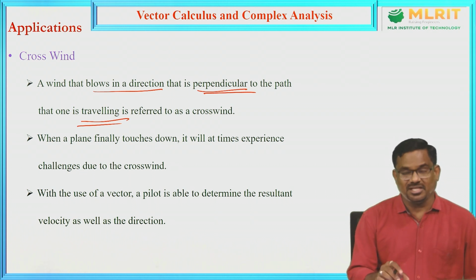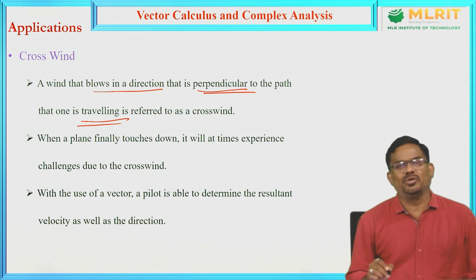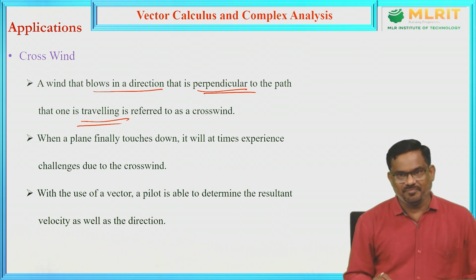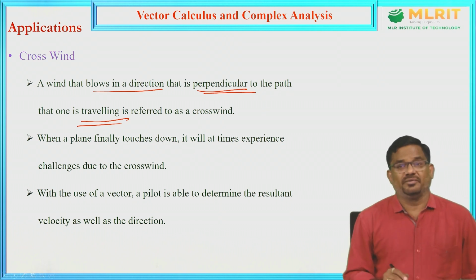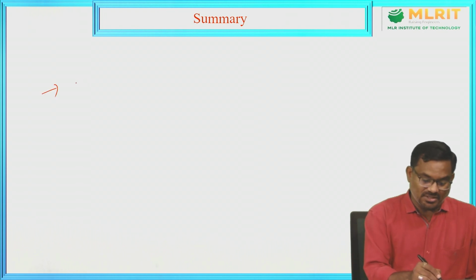With the use of vectors, a pilot is able to determine the resultant velocity as well as the direction. So with the help of vectors, he can easily reach the ground.